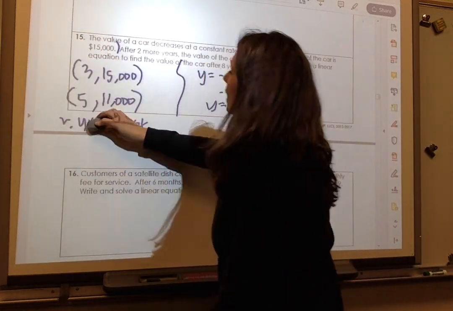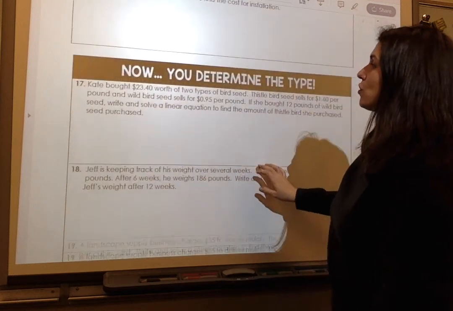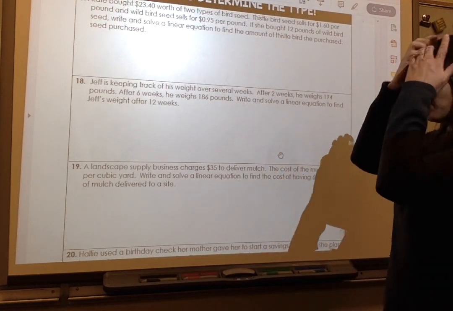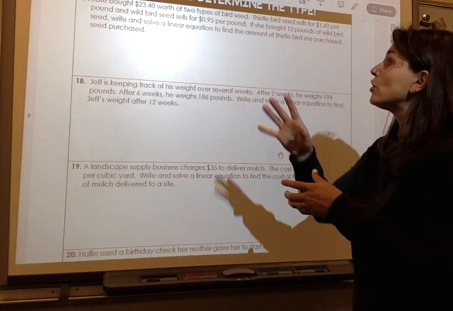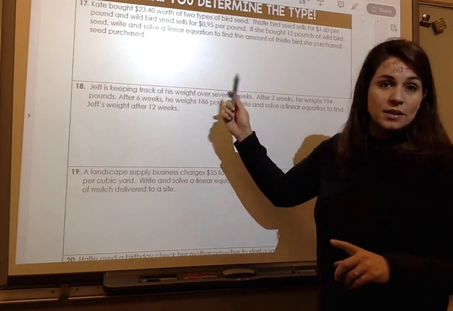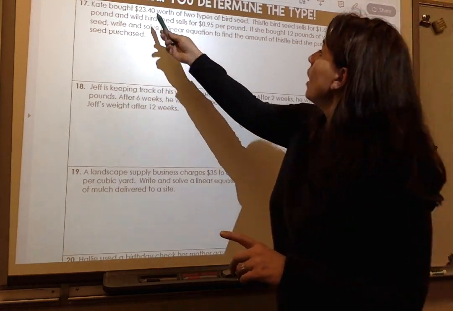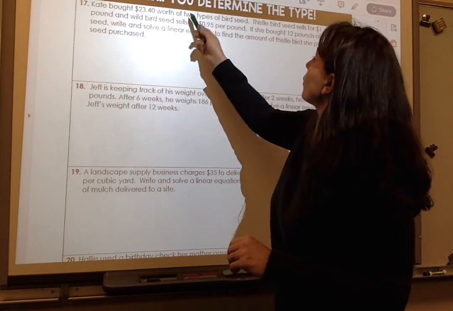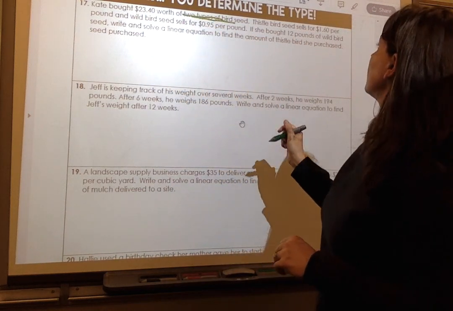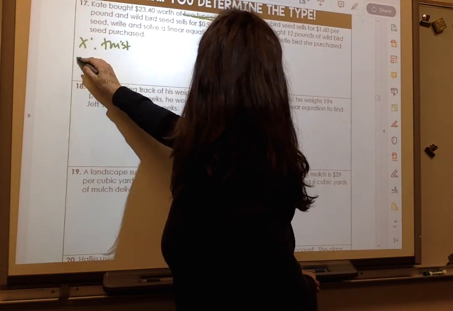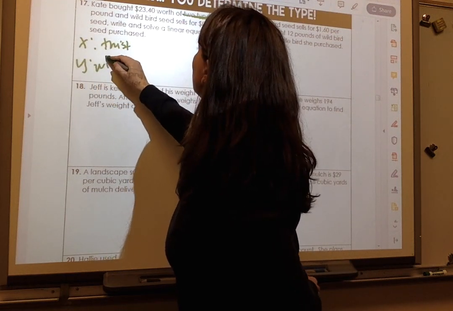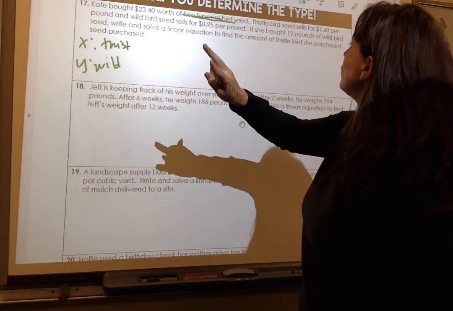Real quick, I'd love for you to try these on your own. I'm going to tell you what kind and give you the answer. So you have 4 different to choose from. So on this 17, Kate bought $23.40 worth of 2 types of bird seed. So X is thistle, Y is wild bird seed, and that's 2 different types.